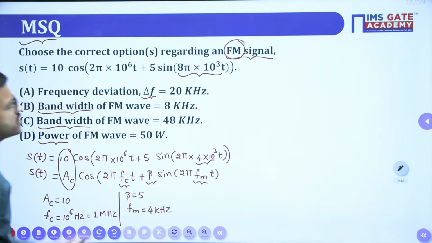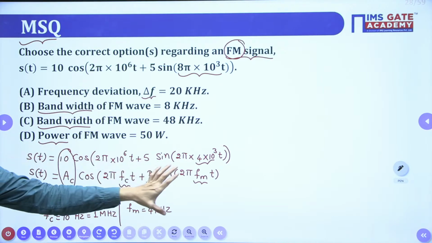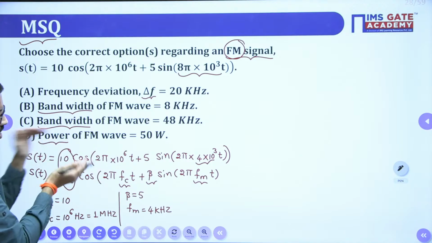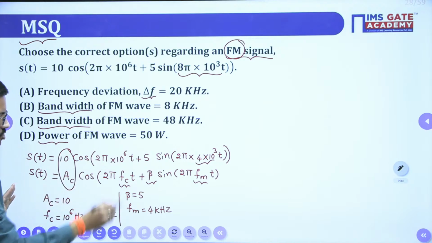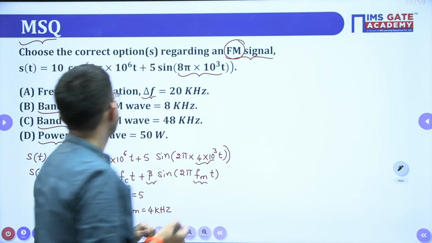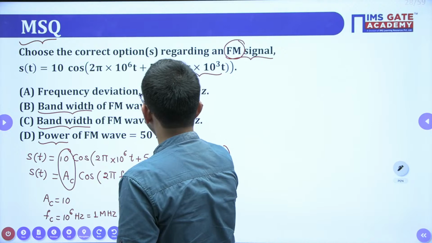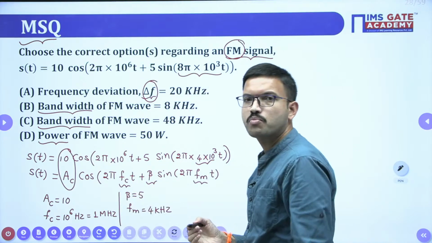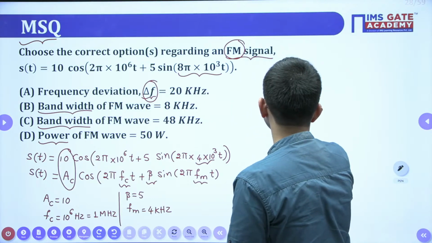So represent the given equation in the standard form, and by equating both equations you will get the quantities. Now the first choice is regarding delta F, the frequency deviation. I hope all of you know the formula for modulation index.